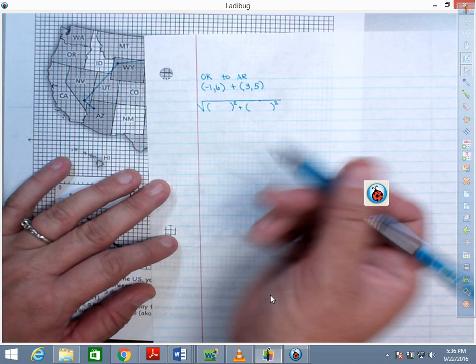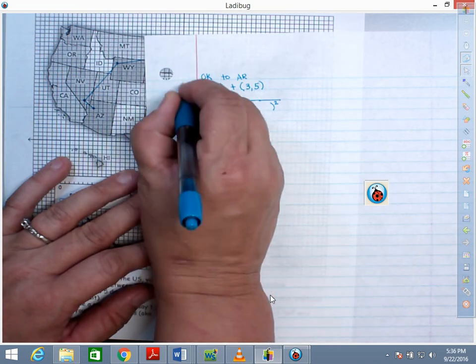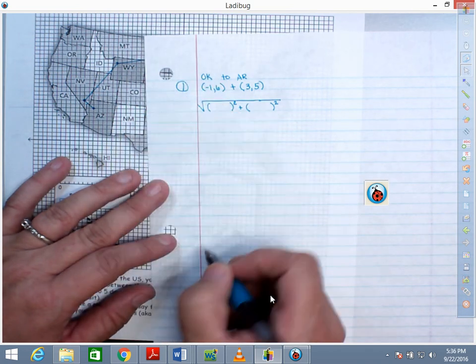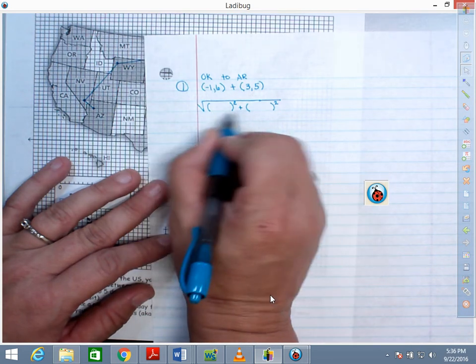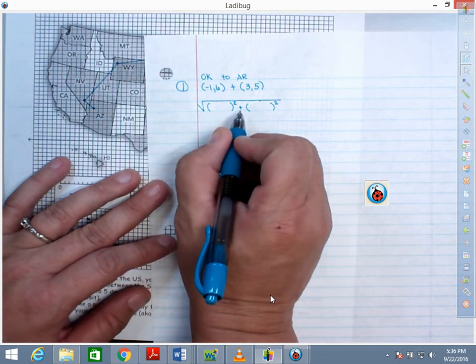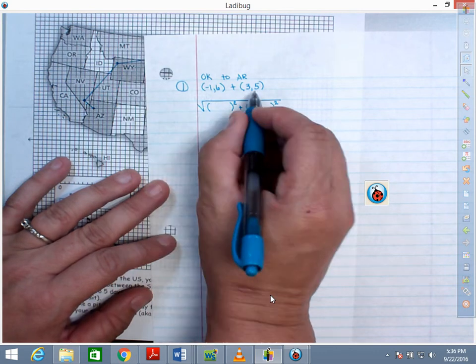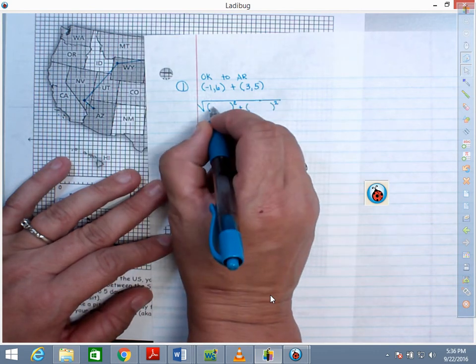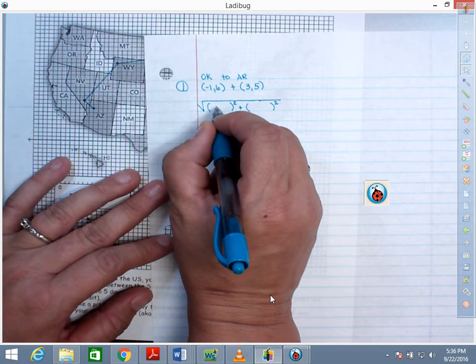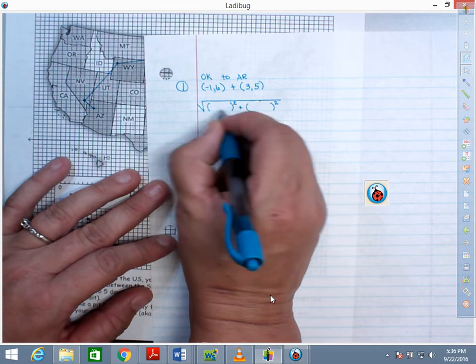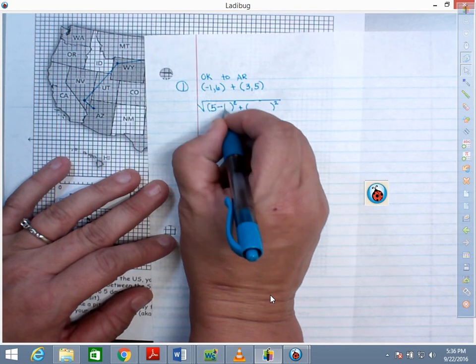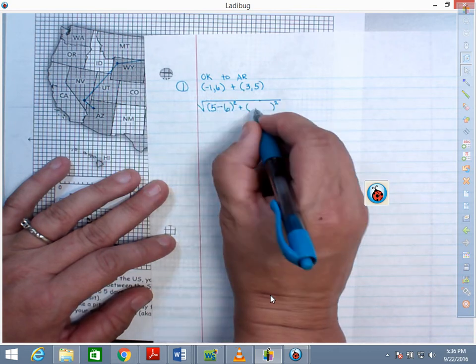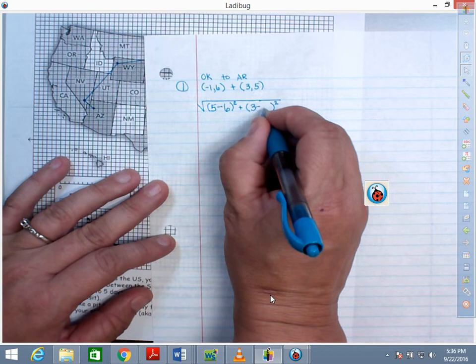the distance formula. So my first part of my trip, and I'm going to have 10 of these, is going to use the distance formula. We'll start with y, so y2 minus y1 squared, and x2 minus x1 squared.